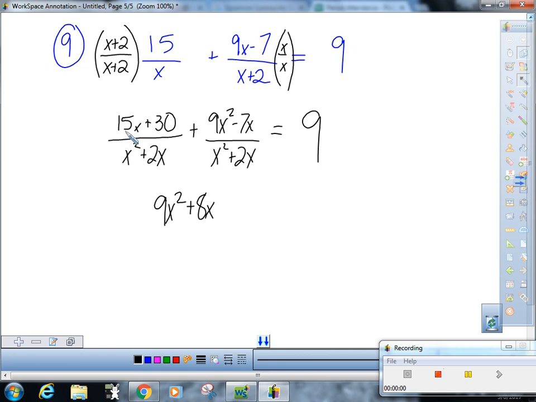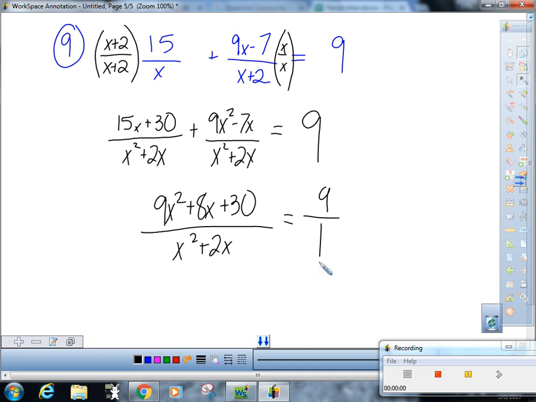I got 15x minus 7x. The 9x squared came from here. I'm just combining the top of the fraction. And I'll make that into a fraction over there. Okay? Everybody okay?